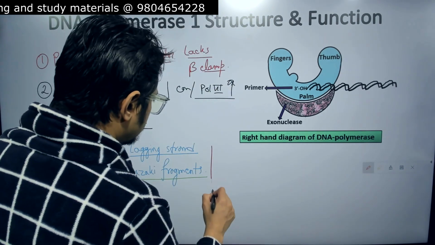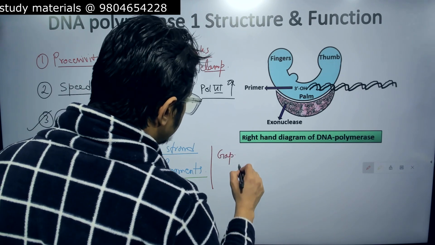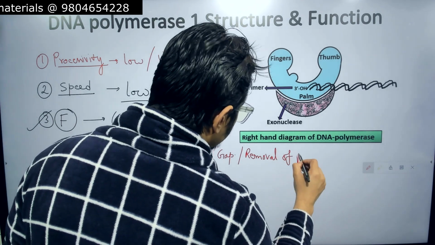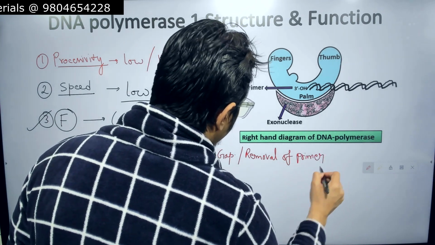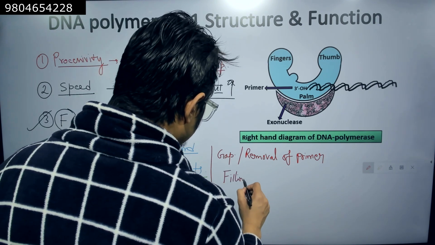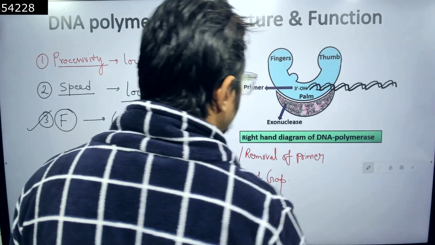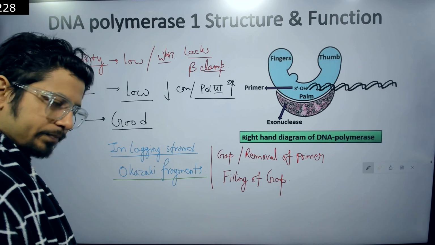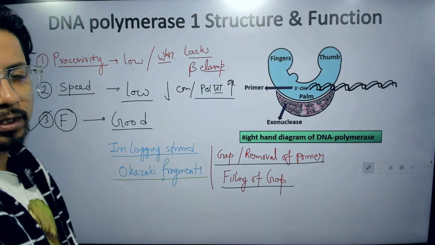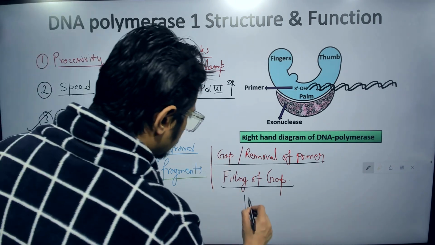So both processes: the gap creation, meaning the removal of the primer, and the second step, the filling of the gap. Removal of primer and filling of gap are both done by DNA polymerase 1.